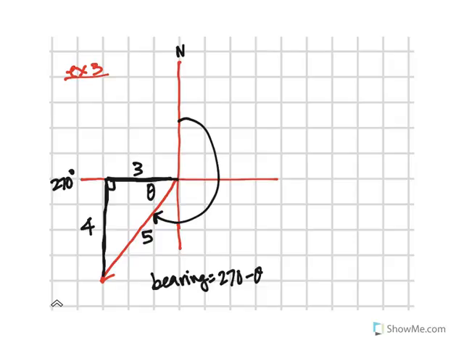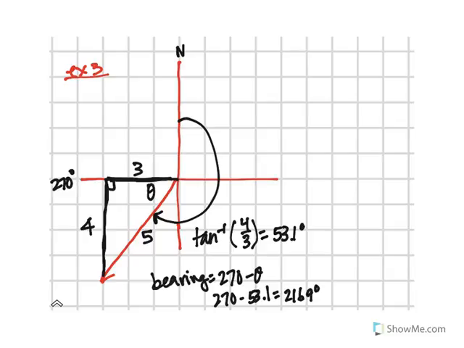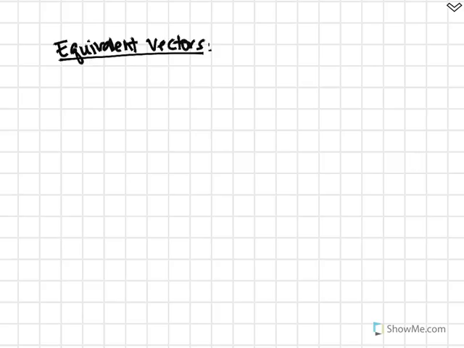I can find that angle by doing tan inverse of, now remember tangent is opposite over adjacent, so it's tan inverse of 4/3. I have to use my calculator to get that because it's not on the unit circle. So I know that that's a 53.1 degree angle, so I say it's 270 minus 53.1, or the bearing is 216.9 degrees.